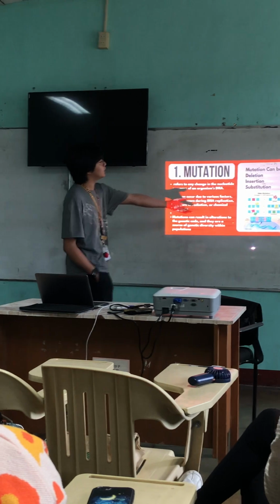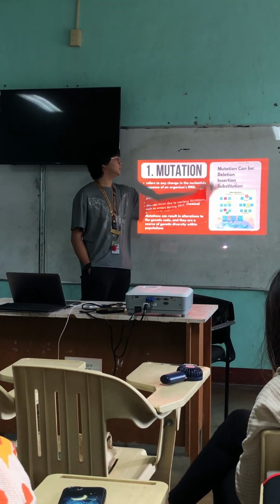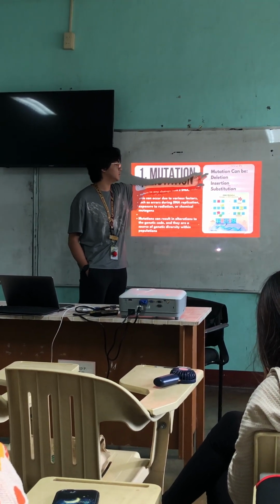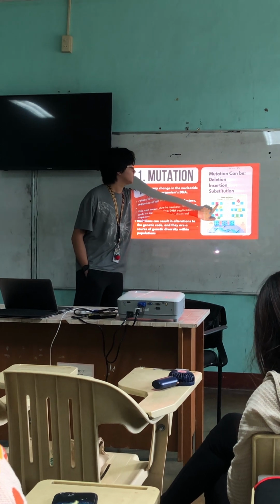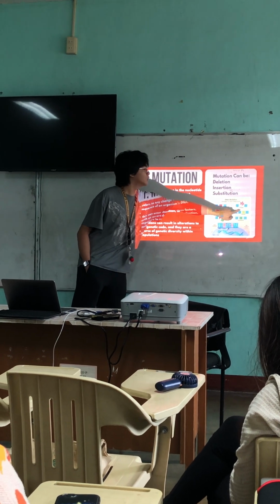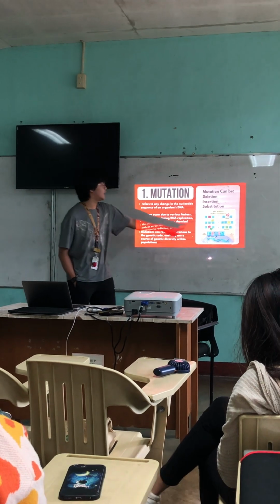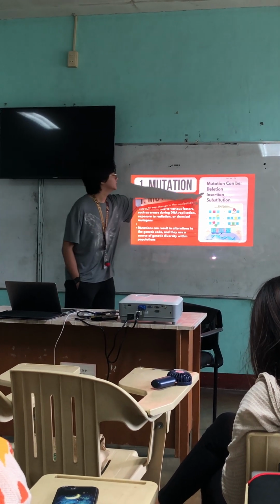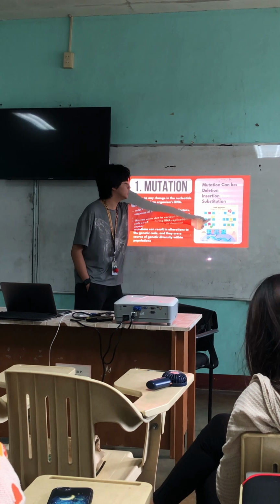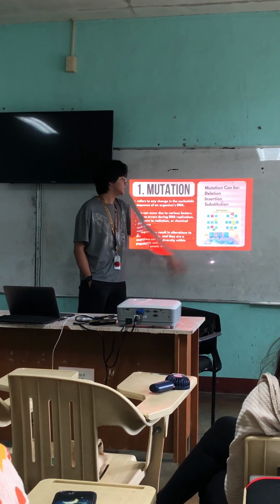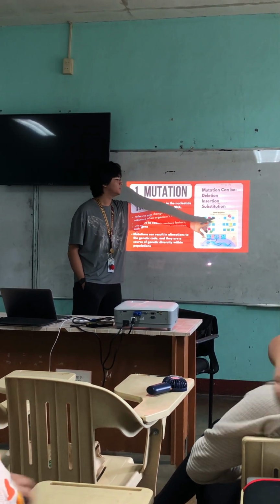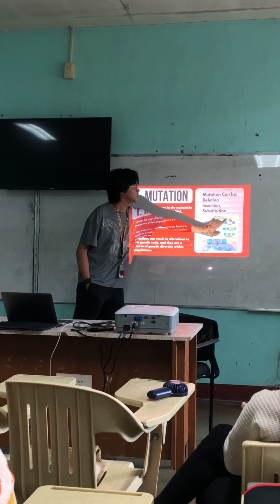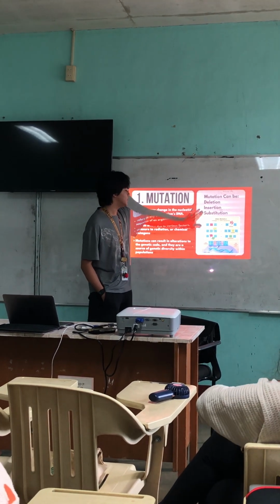So in this review, mutation can be deletion, insertion, or substitution. Deletion is when codons or even base pairs are removed from the sequence. Insertion is when a codon or base pairs are inserted into the sequence.